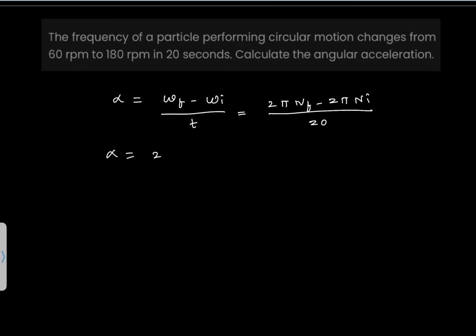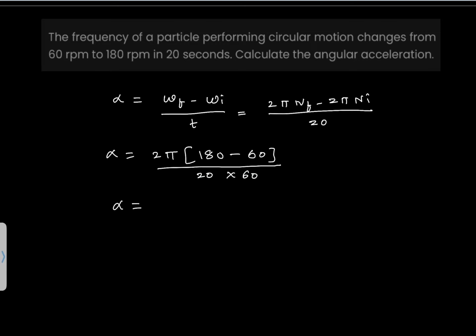Alpha equals, I can take 2 pi common, and this is 180 minus 60 rpm. By the way, we have to convert into rps. To convert into rps, we need to divide by 60, and then 20 is already there. Now please observe what you can do.